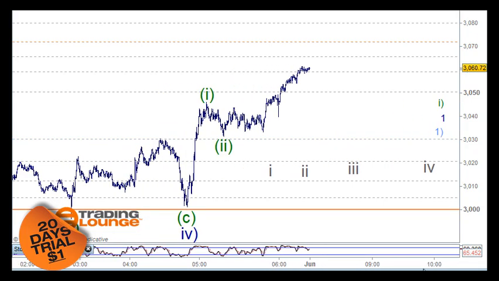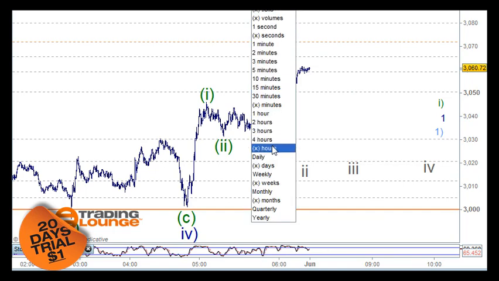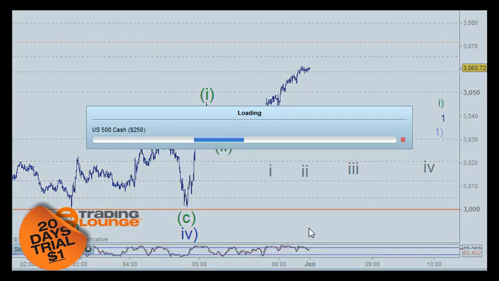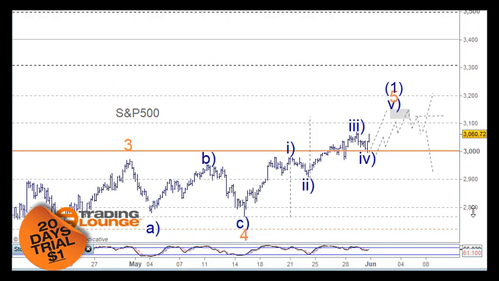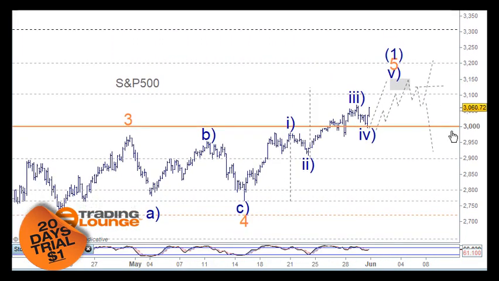Alrighty, I think I've covered what I wanted to cover, so I'll just recap the situation. So on the 4-hour chart, we've got this conservative count to the upside that may or may not be correct from wave 4 here, 1 and 2 and 3 here and 4 here, and looking up for wave 5 into this little box area here around the 3150, from 3100 to 3150 in that space.